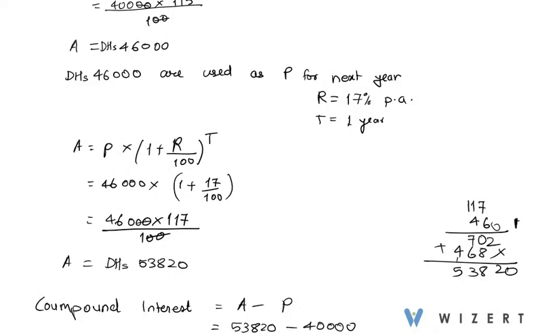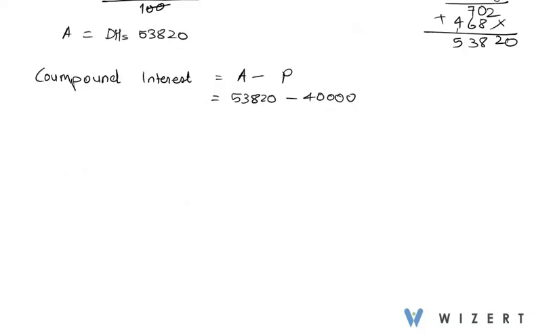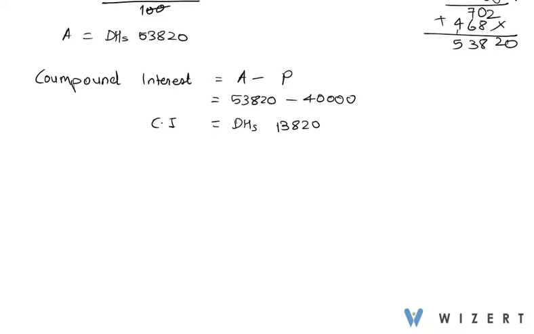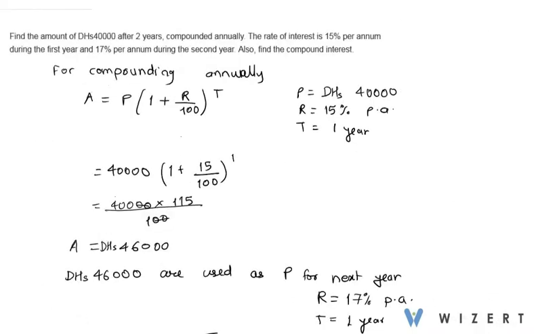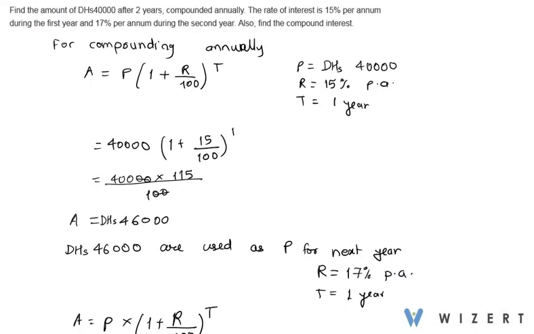Let's see, which is equal to 13,820 dirhams. CI we got as 13,820 and final amount that we got as 53,820. So answer to both the questions we have found.